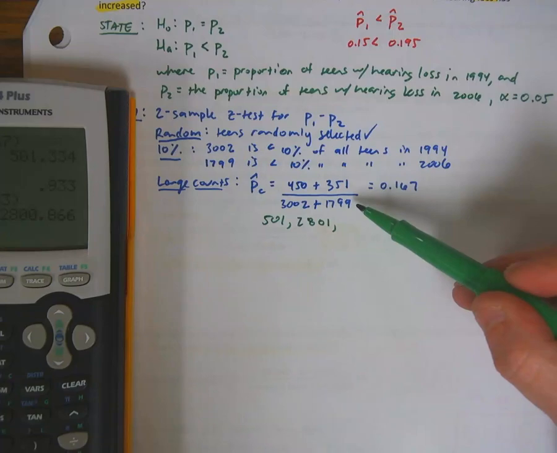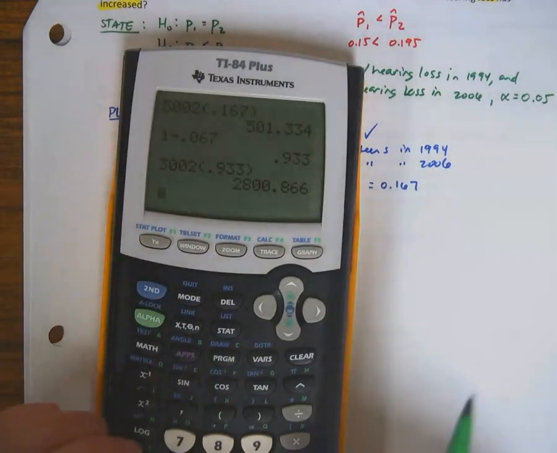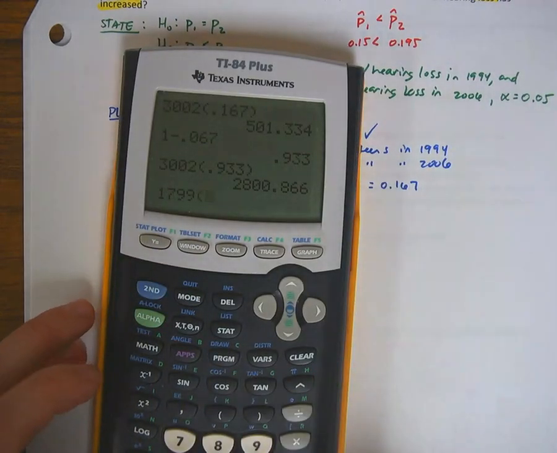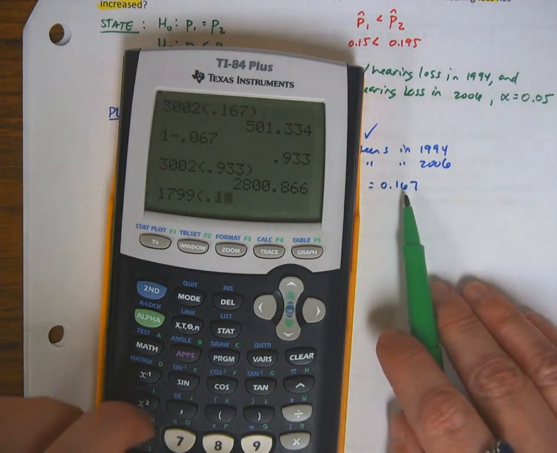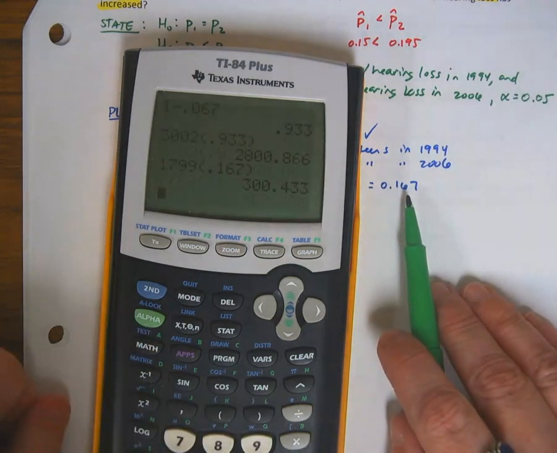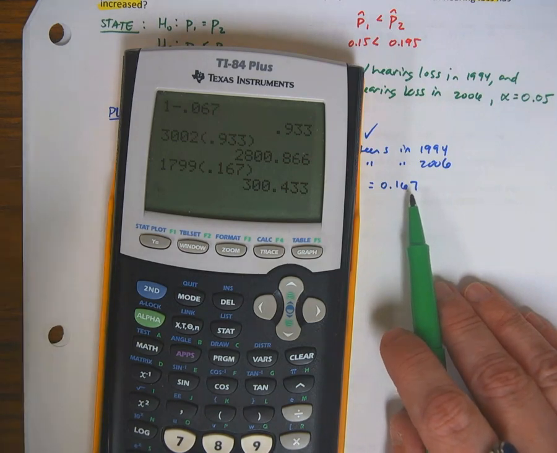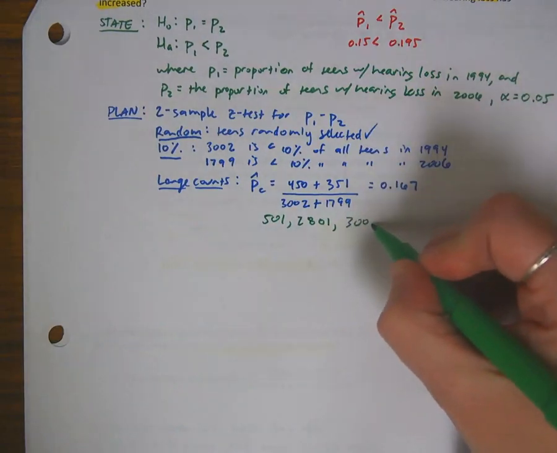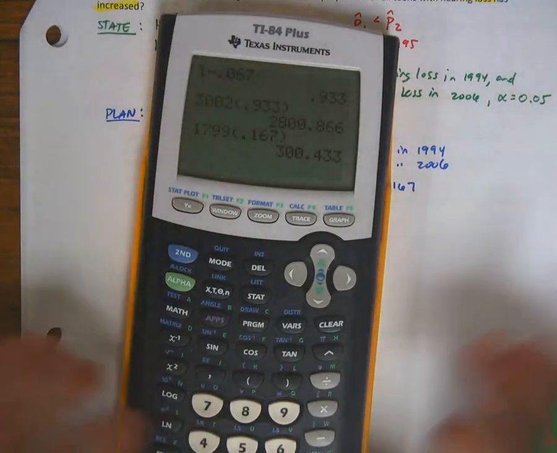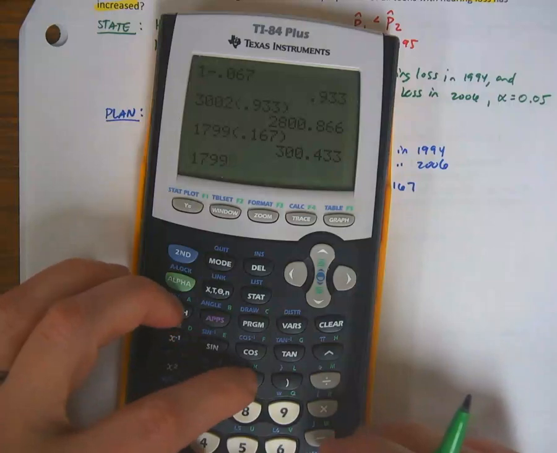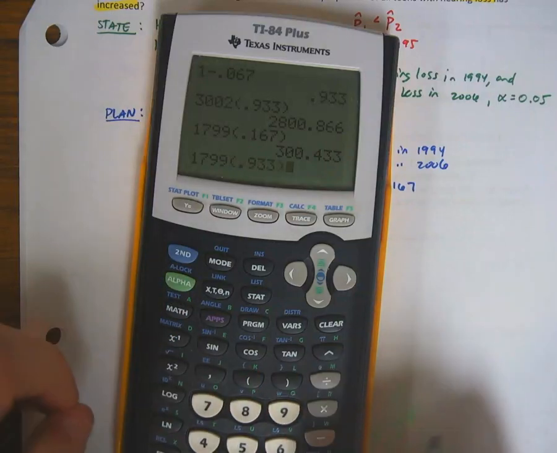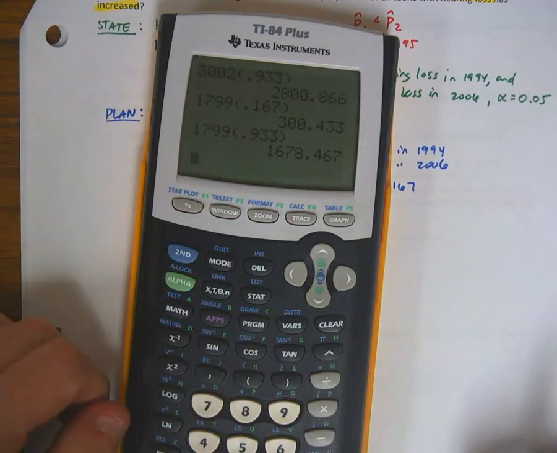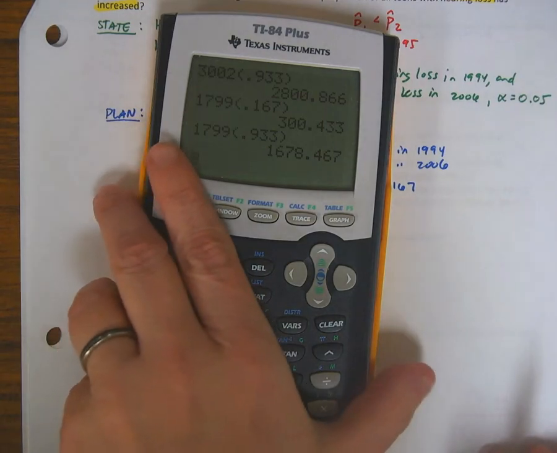The 2006 group had 1,799 in it, multiplied by that 0.167. This is my expected number of successes, or expected number of teens with hearing loss, 300. And then I can do 1799 times the complement of our pooled statistic, which is 1,678.